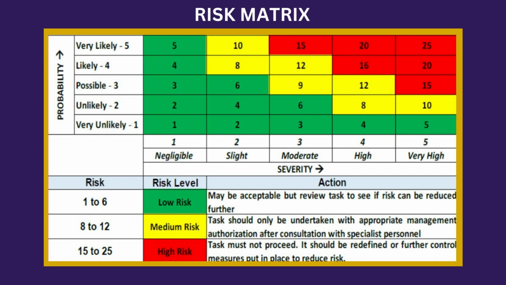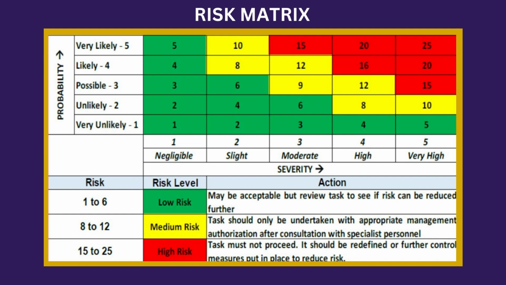Then second is severity. So severity into probability or likelihood gives you the risk, as I explained in the last slide. And this is prepared in the same way, and I told you that the color coding basically defines the safer things and the risky things.